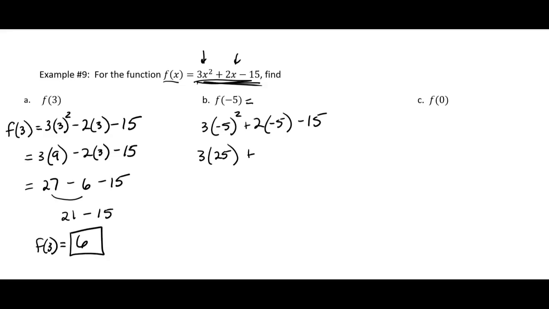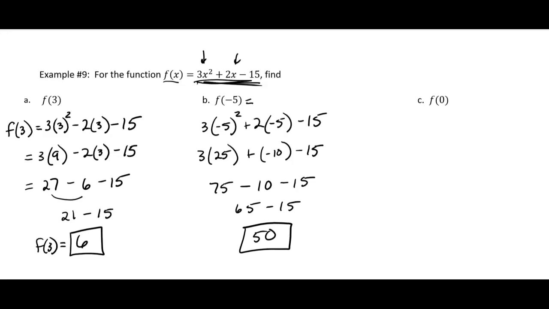And then 2 times negative 5 is negative 10. So 3 times 25 is 75. It's going to be minus 10 minus 15. So 75 minus 10 is 65. Minus 15, is that 50? I'm thinking it's 50. Sometimes I get going fast and I make a mistake, so take your time.